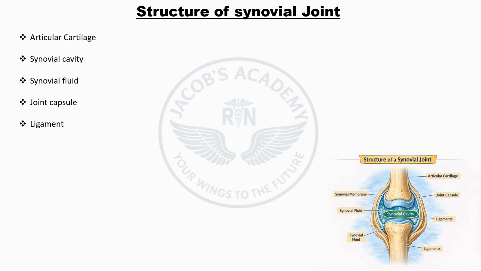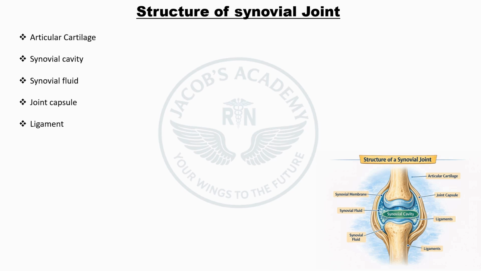It reduces friction and also helps to nourish the articular cartilage. Surrounding the joint is the joint capsule. The capsule encloses the joint, holds the bones together and provides stability while still allowing movement.